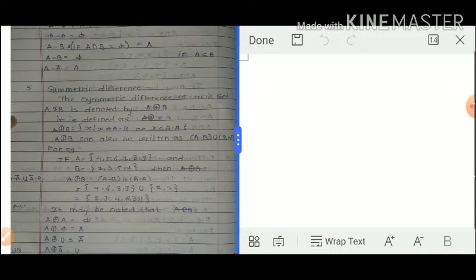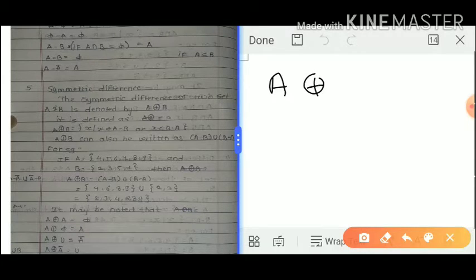Next point is symmetric difference. The symmetric difference of two sets A and B is denoted by this symbol, A symmetric difference B, using this notation. This is the notation of a symmetric difference.